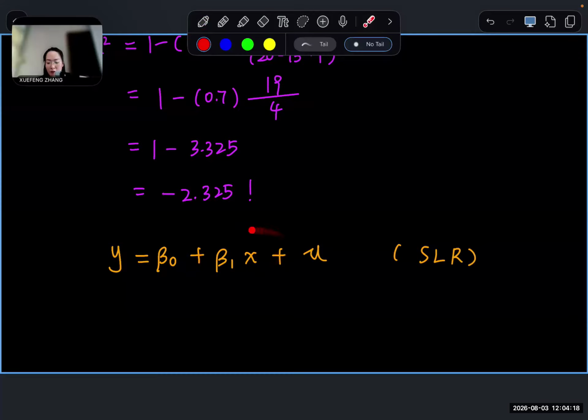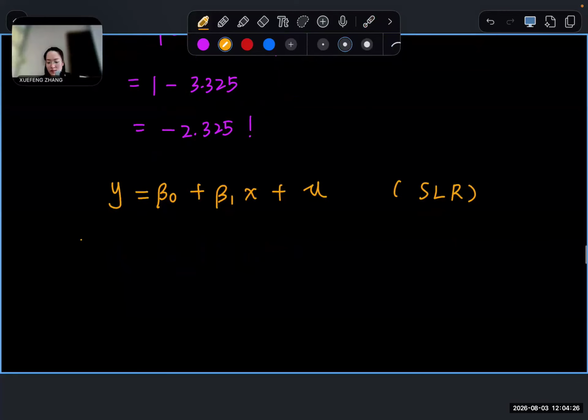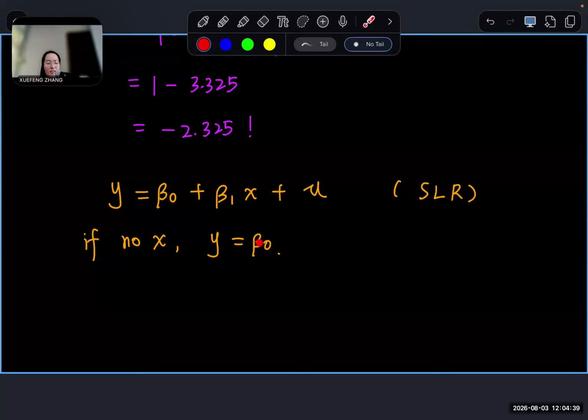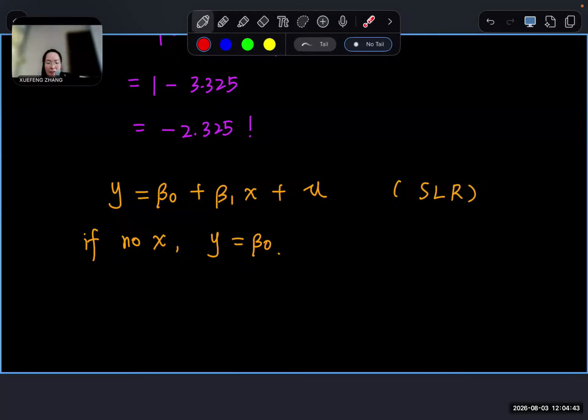So if we don't have any regressor, what does it mean? If no x, y equals beta 0. So actually, this is the average effect of y, which is represented by the intercept.